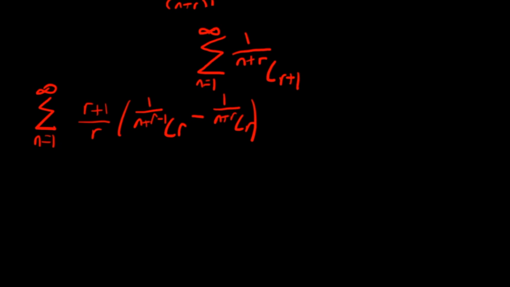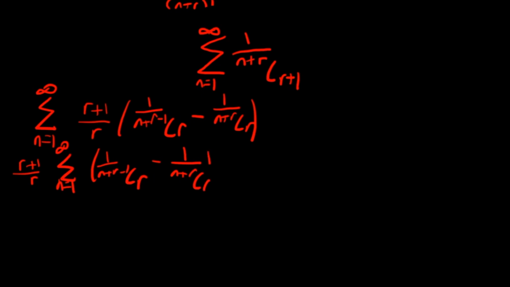If you've done A-level further maths and you've done the method of differences as a way of summing an infinite series, this should start ringing alarm bells. So I can now take the factor of (r plus 1) over r out, and this will give us (r plus 1) over r times the sum from n equals 1 to infinity of 1 over (n plus r minus 1) C r minus 1 over (n plus r) C r.